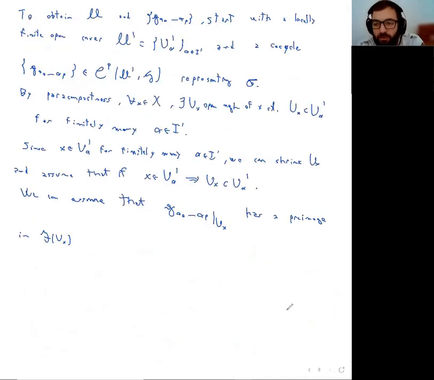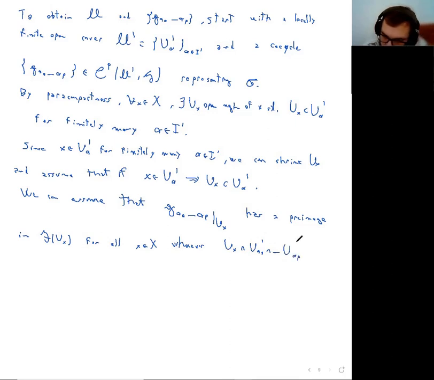So there is one neighborhood where it works, and we just keep shrinking so that everything is fine. So we do have a preimage, and we do have that this neighborhood is containing only finitely many of these. And of course, we need to ask that this set is not empty. So this is whenever this is not empty.